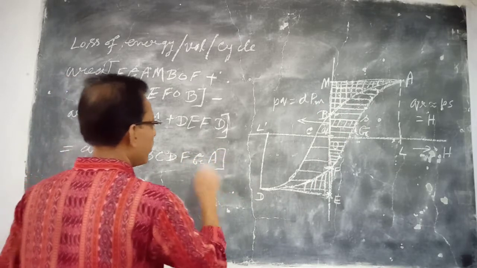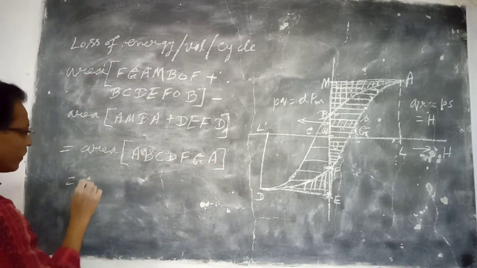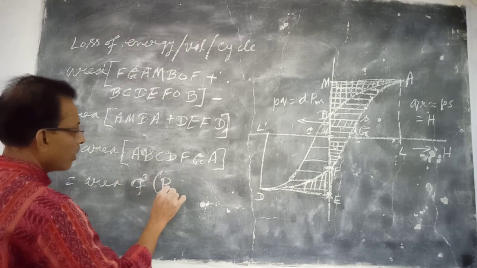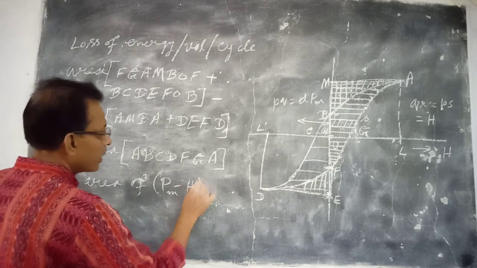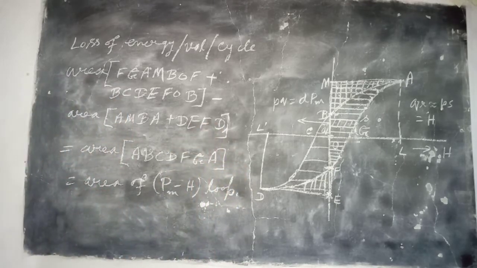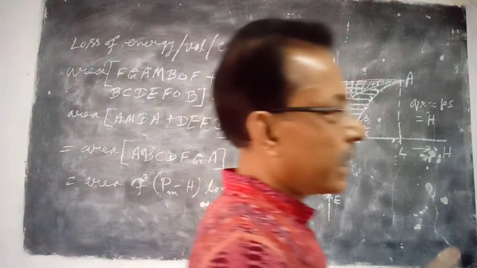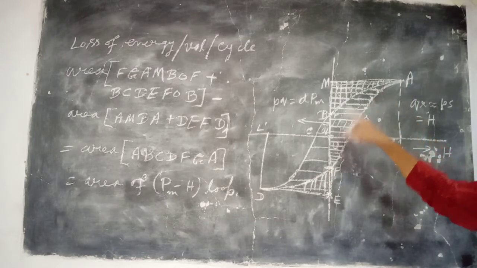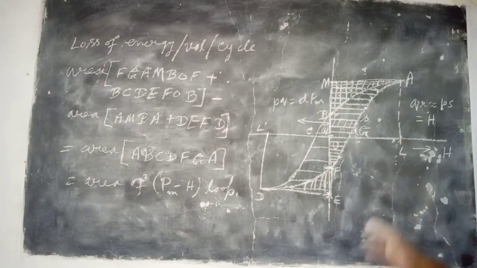That is the area of the PMH loop. So the loss of energy per unit volume per magnetic cycle in a ferromagnetic material is equal to the area of the PMH loop, which is called the hysteresis loop.